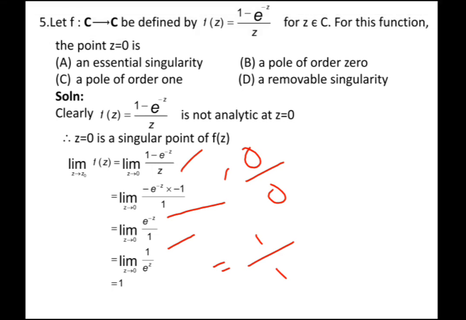So here limit z tends to z naught f of z equal to 1, so this exists finitely. So we can say that z equal to 0 is a removable singularity of the function f of z equal to (1 minus e raised to minus z) by z. So here option D is the correct answer.